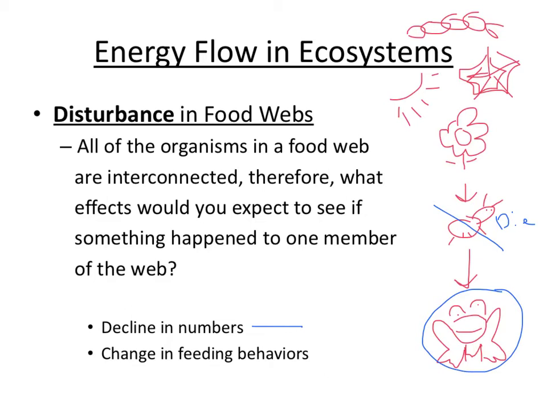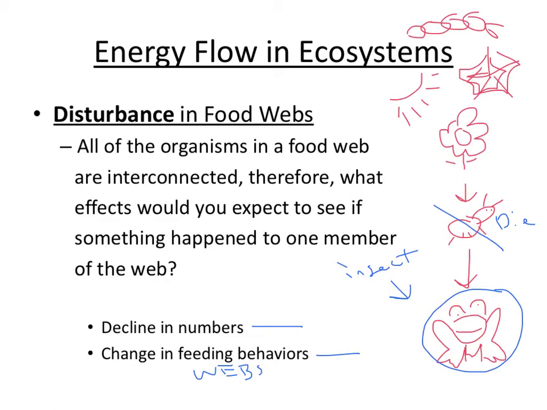The other option, and this is where food webs really come in, is that the frog could change his feeding behavior. If this insect starts to die, then the frog just needs to find a different insect to eat. And that's the way that he can keep avoiding a decline in numbers.